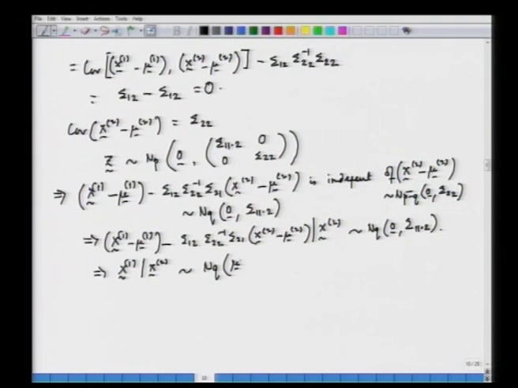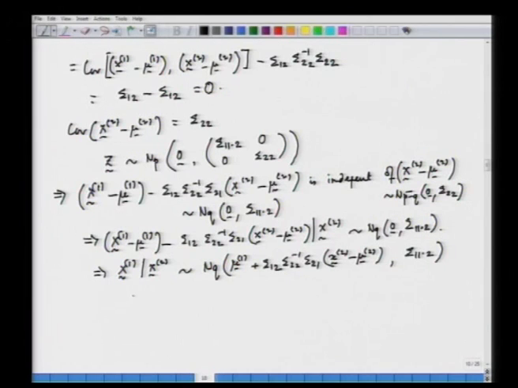This part now goes to the mean part, and we have the rest of it, that is plus sigma 1 2 sigma 2 2 inverse sigma 2 1 times x2, at the small x2, the non-random part now, and there is no change in the covariance matrix, it remains as it is.